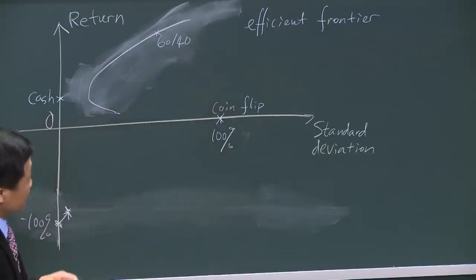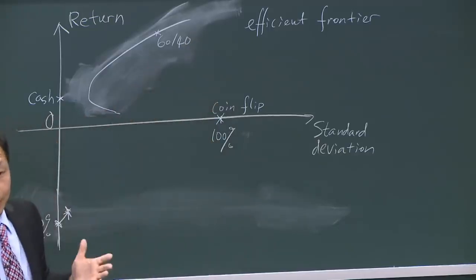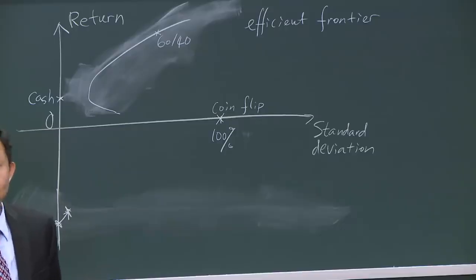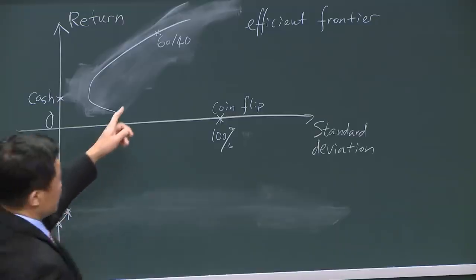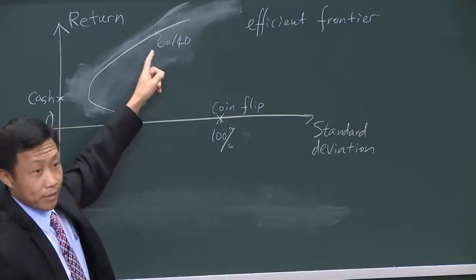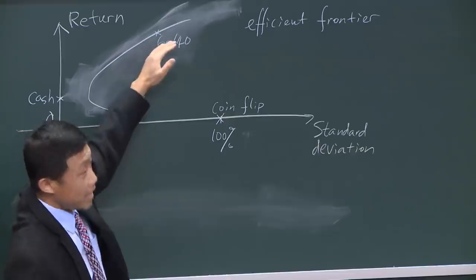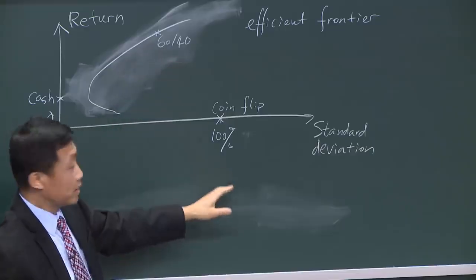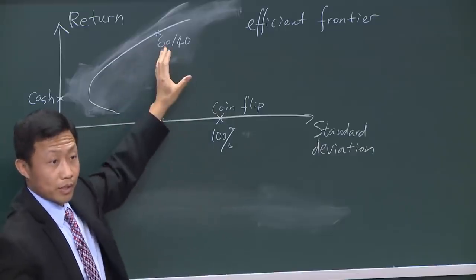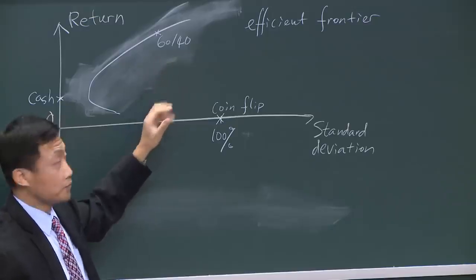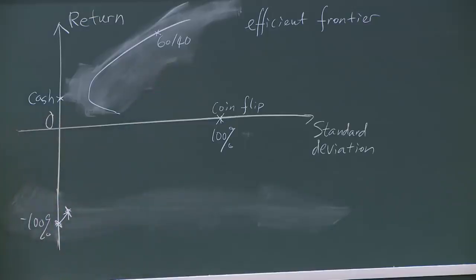So typically, stock volatility is higher than the bonds, and the expected return is also higher. So your 60-40 combination is likely to fall on the higher return and the higher standard deviation part of the efficient frontier. So that's typically what people did before 2000.